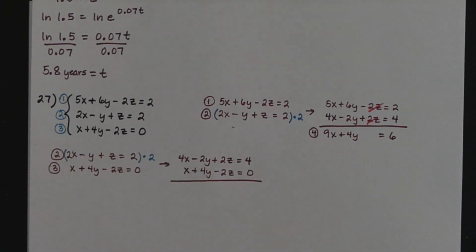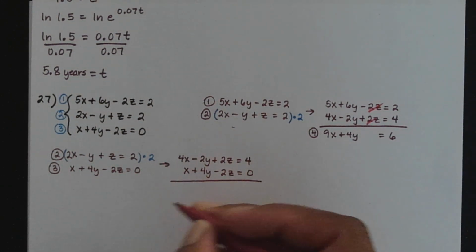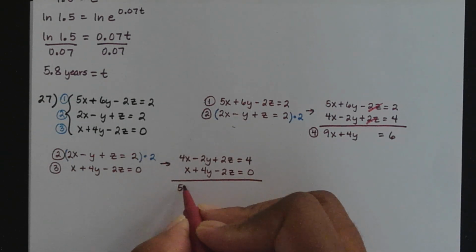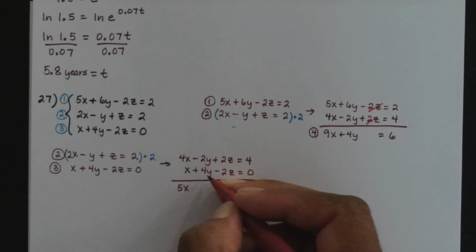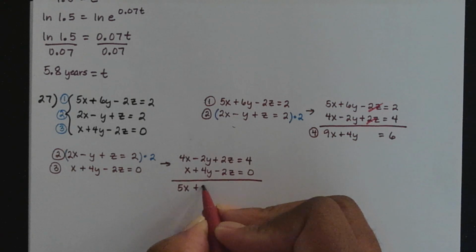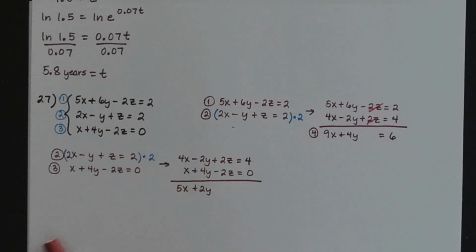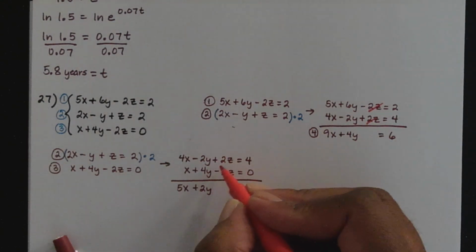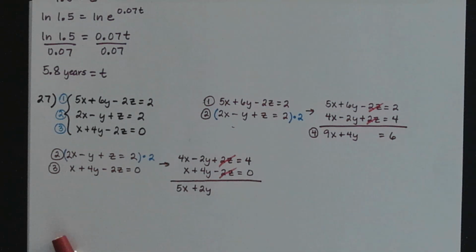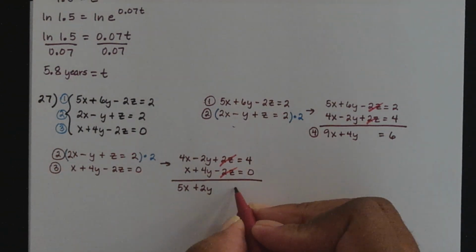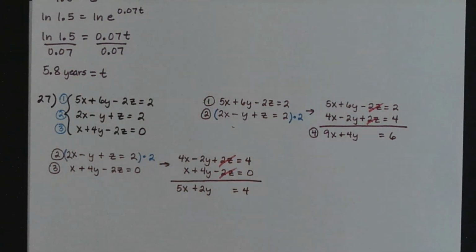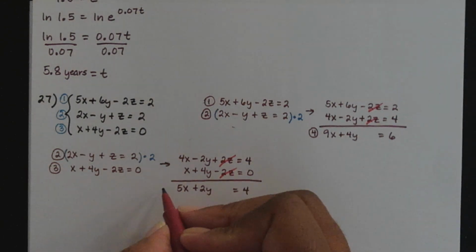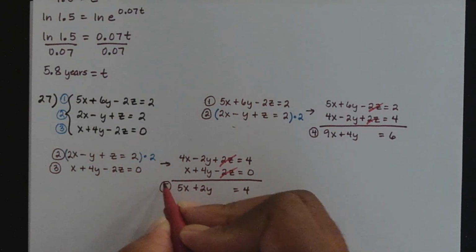Now let's add the 2 equations together. 4x plus a 1x, that's 5x. Negative 2y plus 4y will be a plus 2y. 2z and negative 2z add to 0. And that's equal to 4 plus 0, which is 4. So here I've got 5x plus 2y equals 4. That's going to be equation 5.